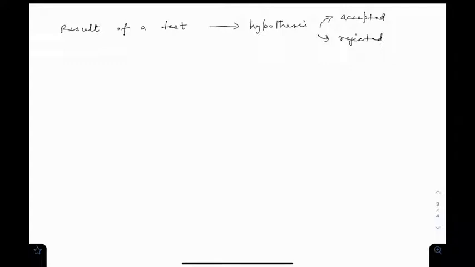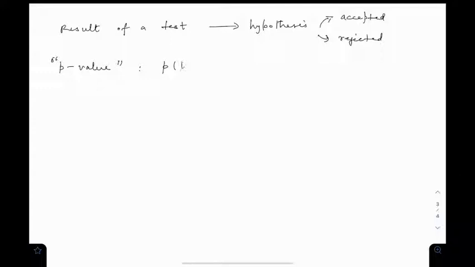Now, in most practical situations, it is useful to replace this binary answer, one or the other, by a continuous parameter, which is known as the p-value.